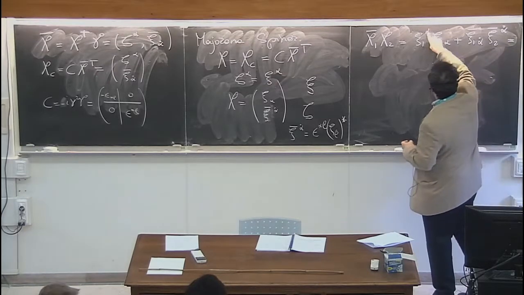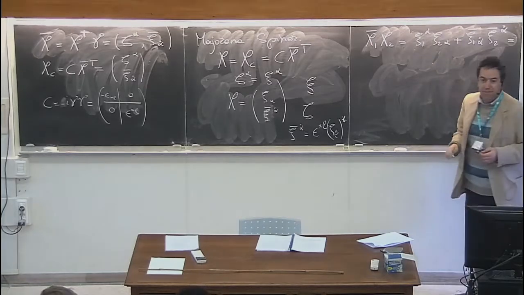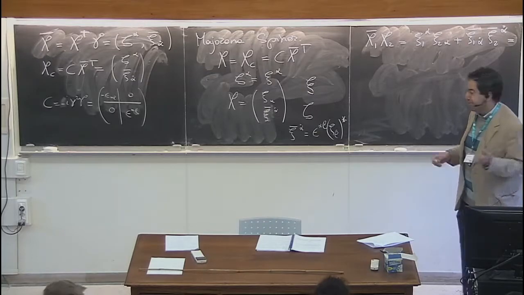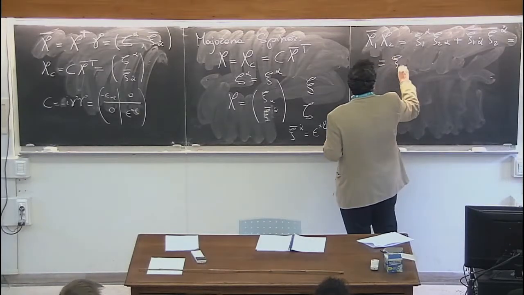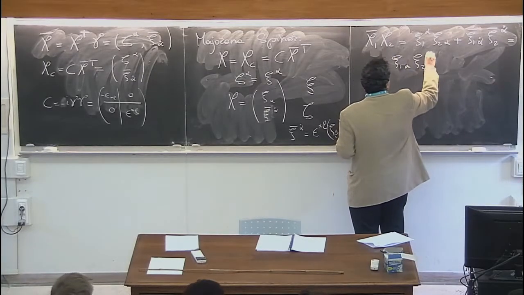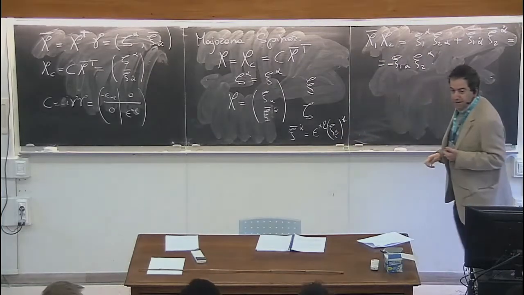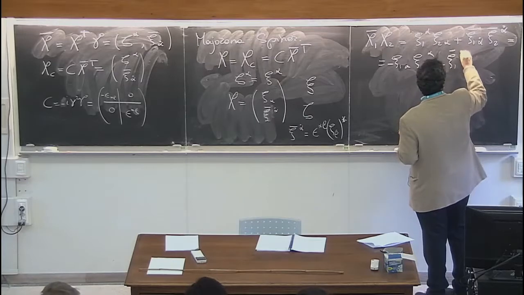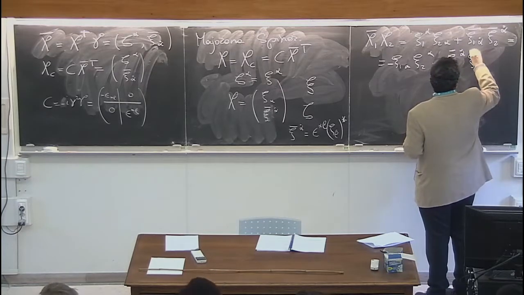Remember that if we lower alpha here and raise alpha there, because of our conventions, we get a minus sign. Xi1 alpha, xi2 alpha with a minus sign. The same happens here: minus xi1 bar alpha dot, xi2 bar alpha dot.